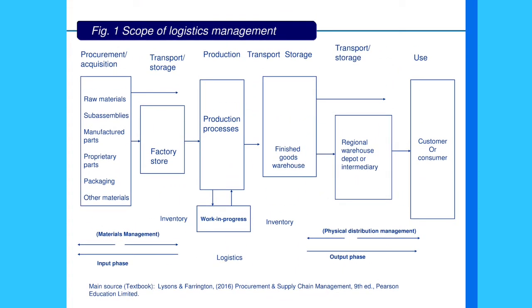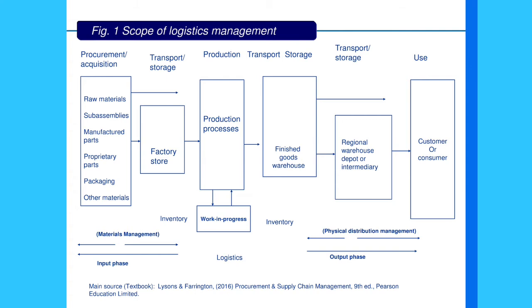Here in this particular slide, you see the scope of logistics management. You can see the six blocks, 1, 2, 3, 4, 5, 6. All these blocks pertain to different scope of logistics management. First is procurement or acquisition, where you're purchasing things, procuring things, and acquiring them and keeping them in your inventory.